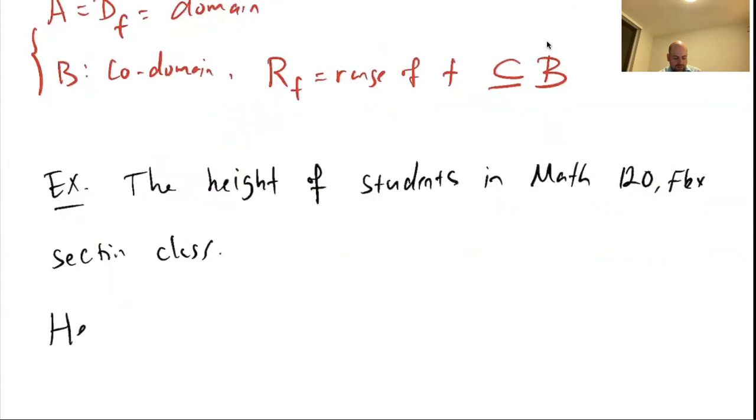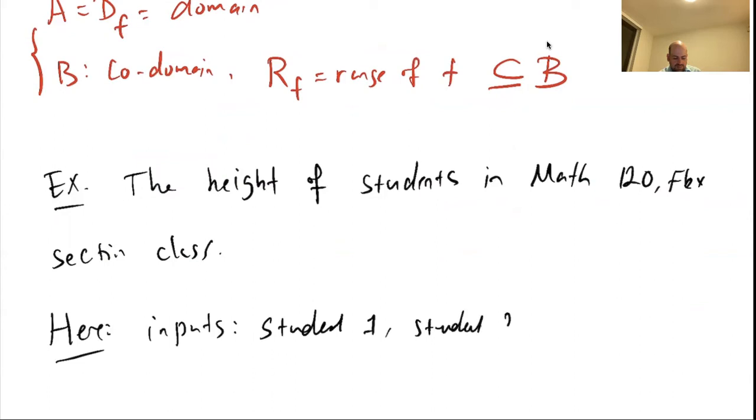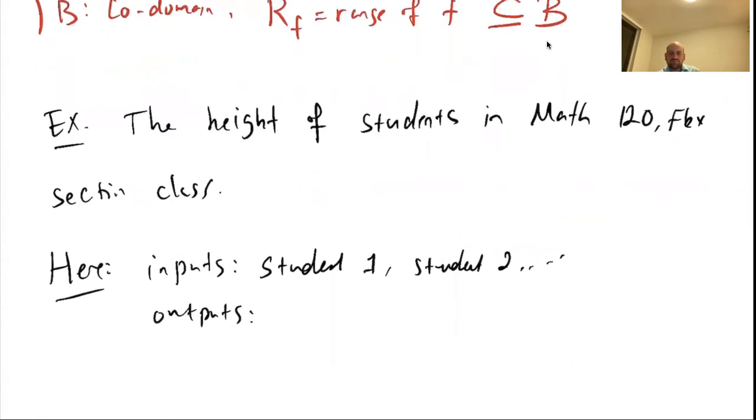So here, the inputs will be the students, right? Student 1, student 2. And outputs will be their heights. So student 1, for example, is 160 centimeters. Student 2, let's say 162 centimeters, and so on.